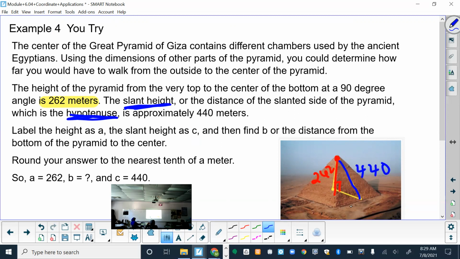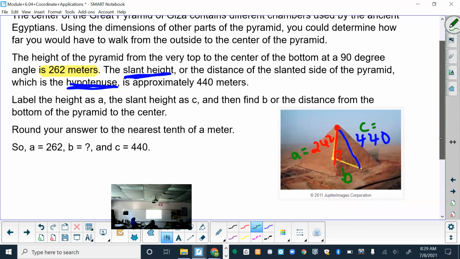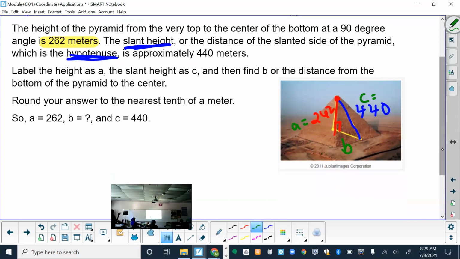So we are solving for this missing side, which would be labeled as B in this one, because it says this is A, this is C. So we're solving for B, right? So when you see a word problem on your quiz or on your practice, pull out the important information. Usually any numbers and any descriptions of what side it's on will be your indicator.